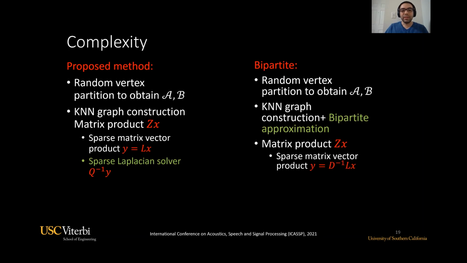In terms of complexity, the main difference between our methods is that in our method we need to solve a Laplacian system of equations, while in the bipartite case we need to do a bipartite approximation. We ran some experiments and we observe that our method is about 20% faster.